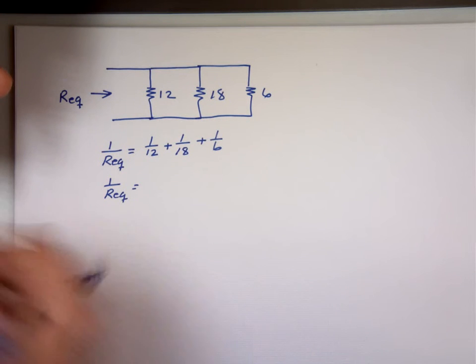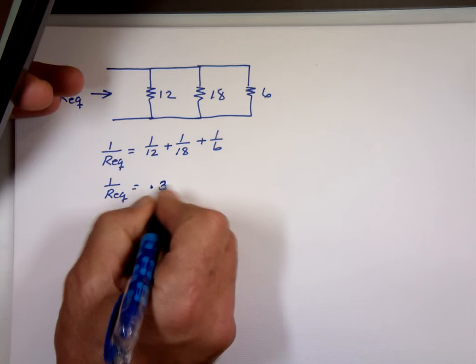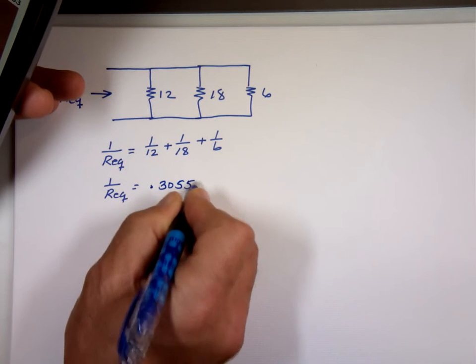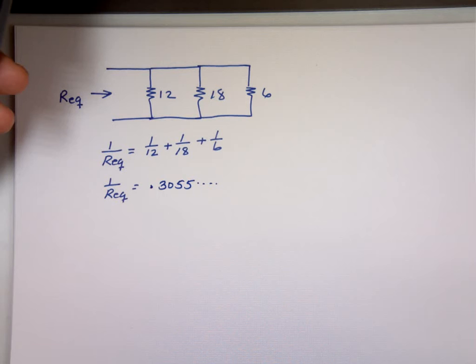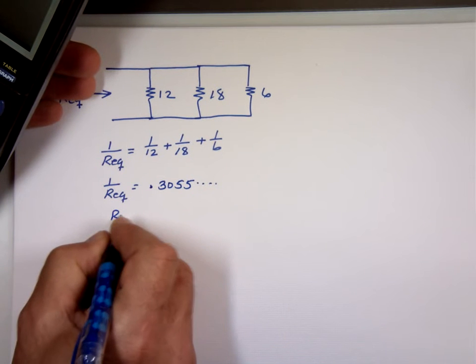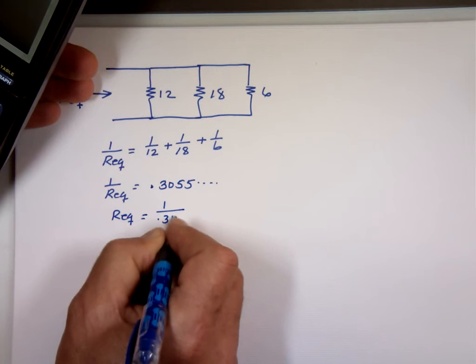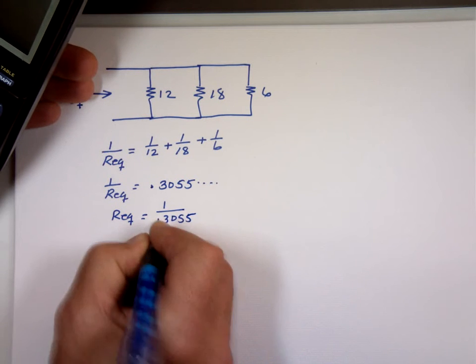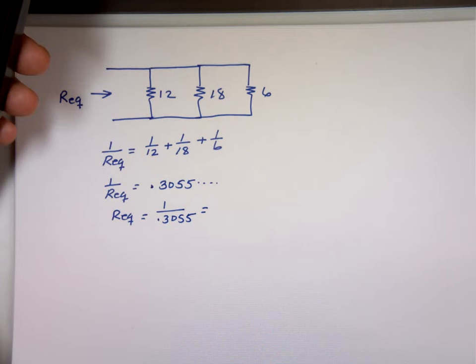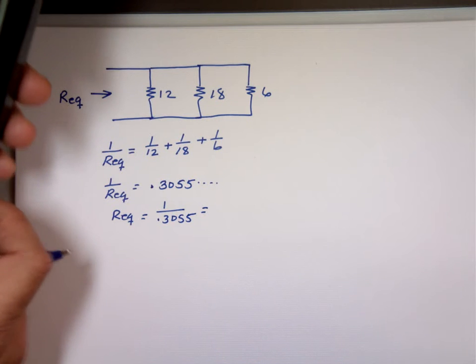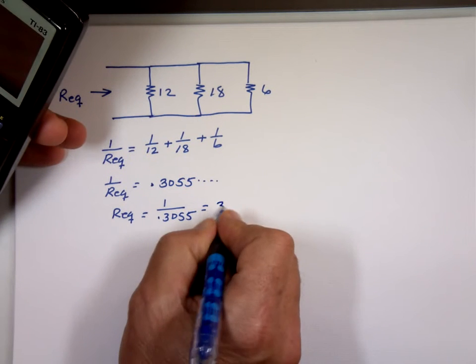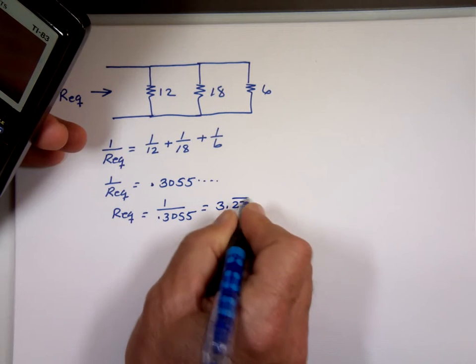And it says 0.305555. To get R equivalent is going to be what? 1 over that number. One divided by that one, approximately 3.27, repeating 27272727.